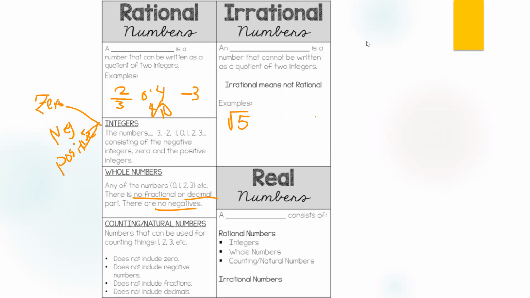Approximately 2.2360679 and so on. Look at this number here. Is it terminated? No, it continues. My second question now: is it repeated? No, it's not repeated. So this is irrational.